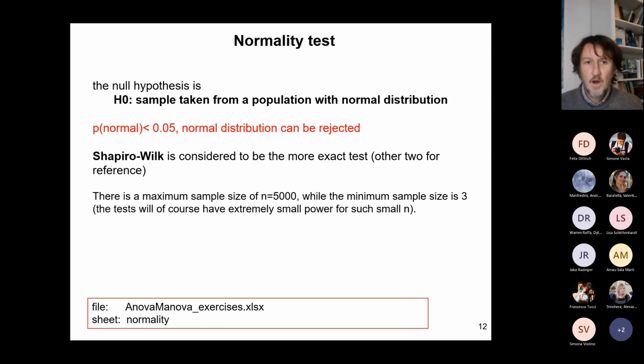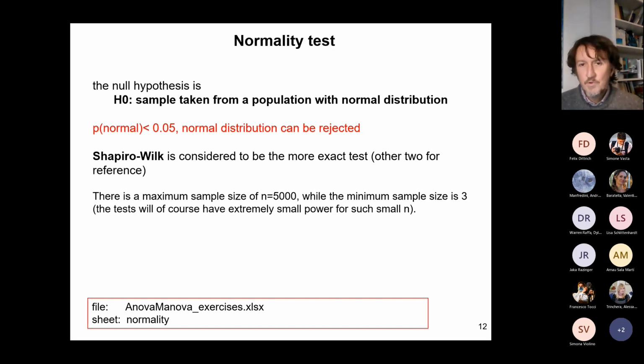The null hypothesis of the normality test is that the sample is taken from a population with normal distribution. So if P, between parentheses the null hypothesis, so normal, is lower than 0.05, the normal distribution can be rejected.